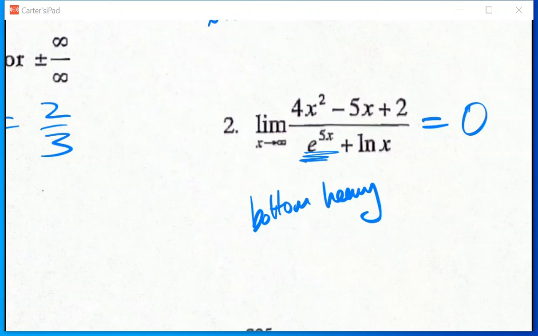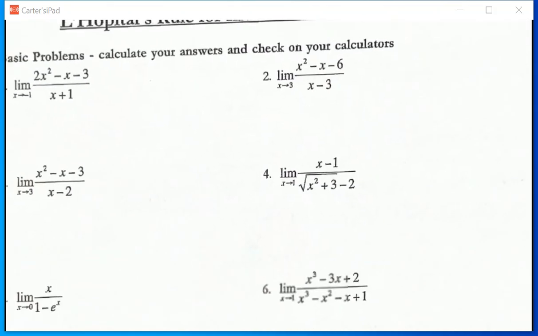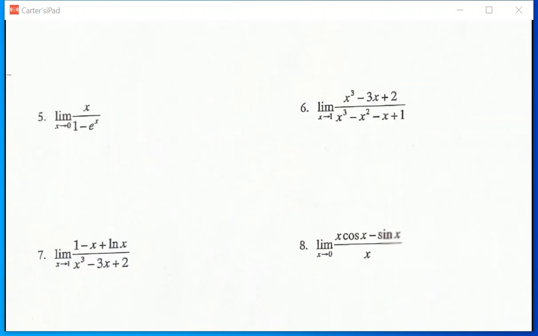The bottom's growing way faster than the top. Exponential growth is faster than polynomial growth, so this is bottom heavy, which means it equals 0. Imagine the bottom is getting huge. It's like a trillion or whatever, and the top is just like a million or something like that. It's basically 0.